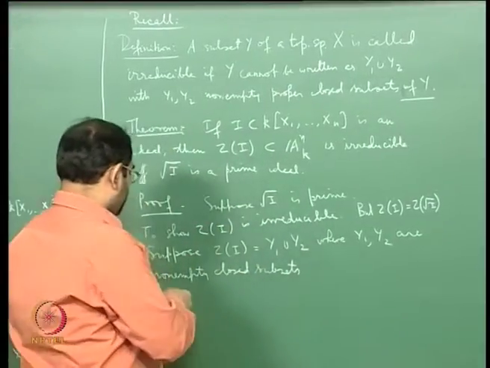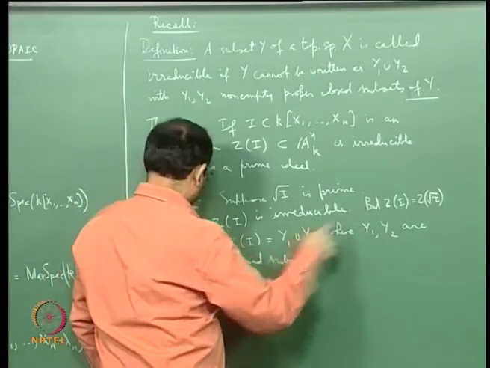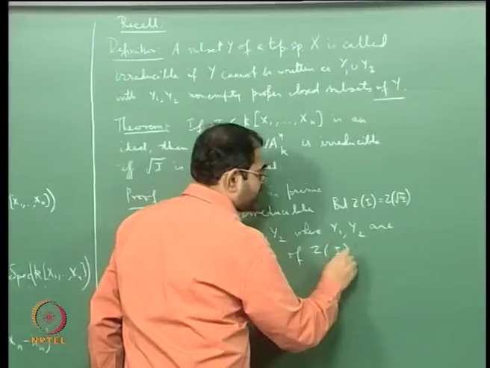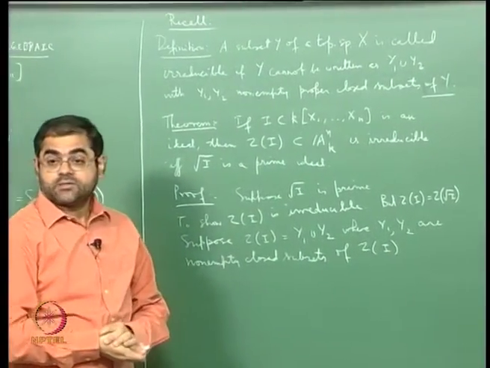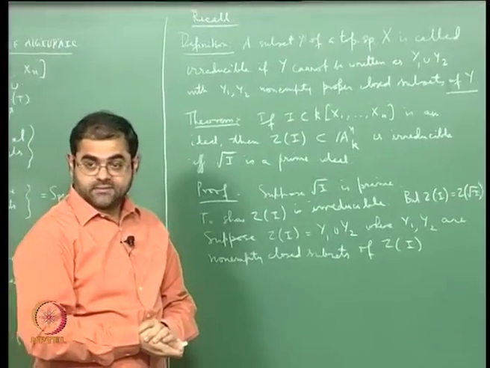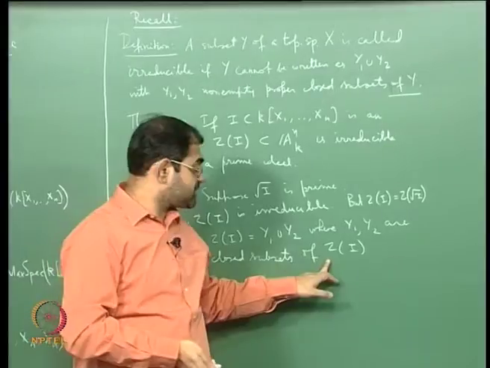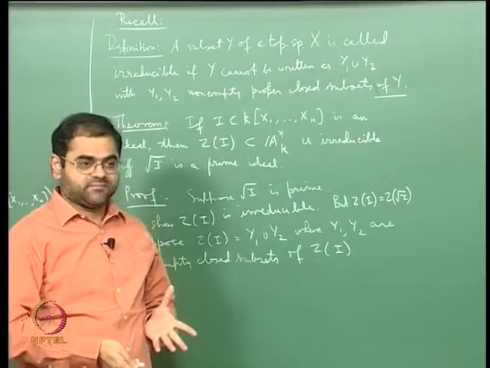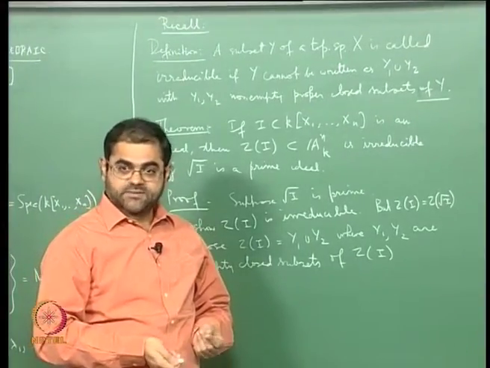Okay, so when I write Z of I is y1 union y2 where y1, y2 are non-empty closed subsets of Z of I, what you must understand is that since Z of I is already closed in x, it follows that y1, y2 are not just closed subsets of Z of I, but they are actually closed subsets of x itself, because a closed subset of a closed subset will continue to be a closed subset.